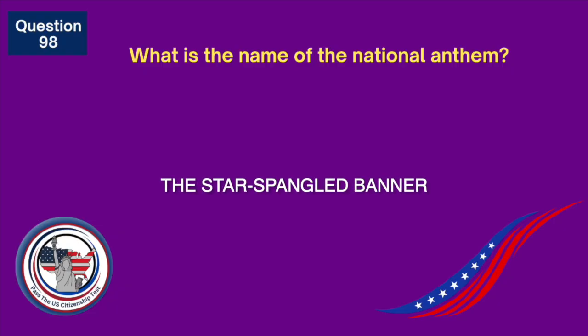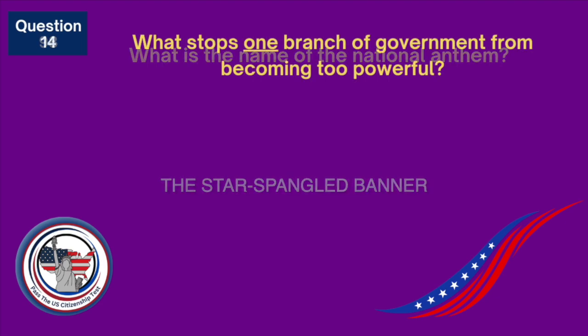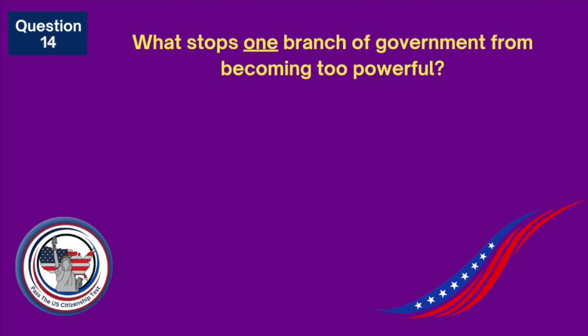The Star-Spangled Banner. What stops one branch of government from becoming too powerful? Checks and balances.